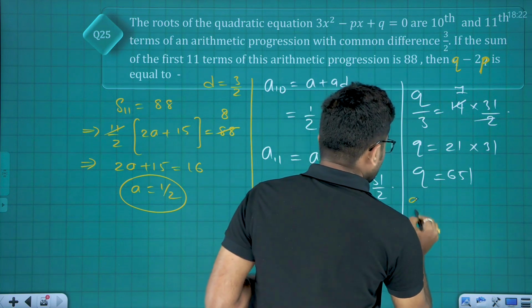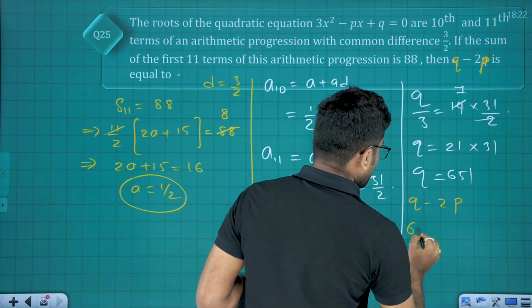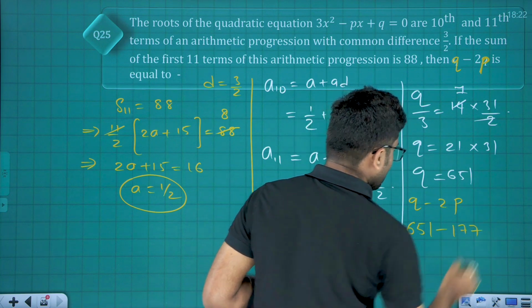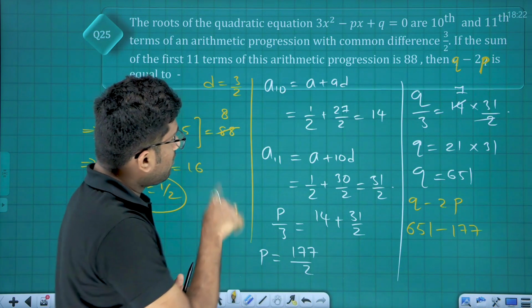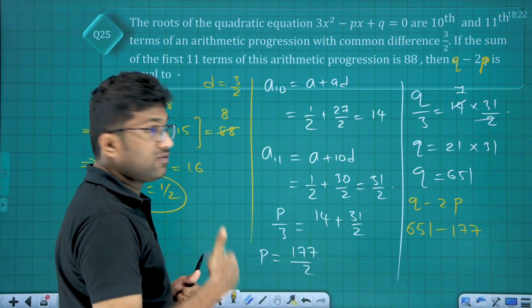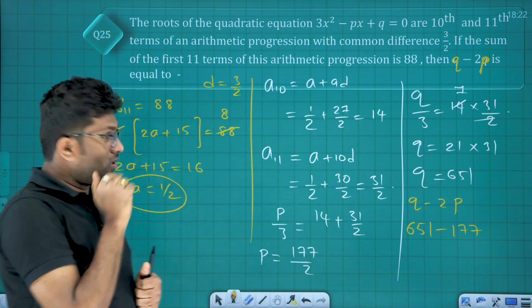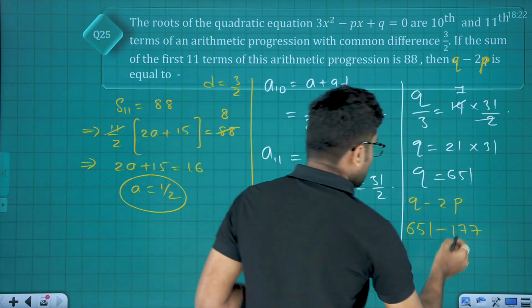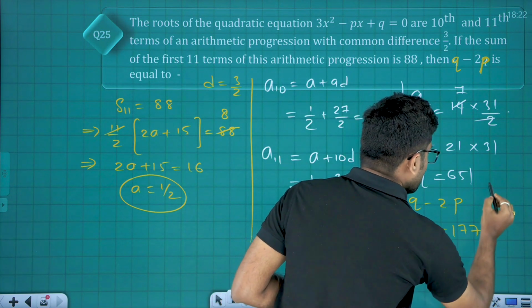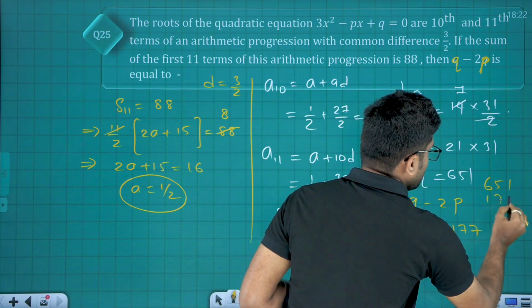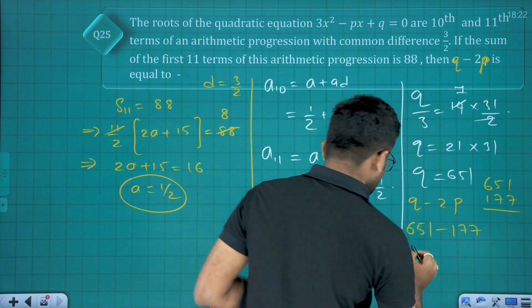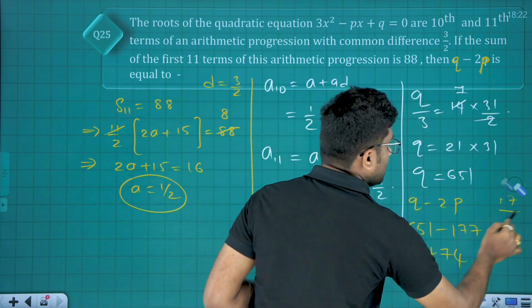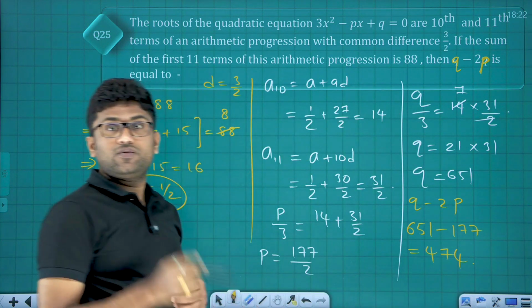So q minus 2p is 651 minus 177, because 2p is 177. 651 minus 177 is nothing but 474, friends. So the answer is 474.